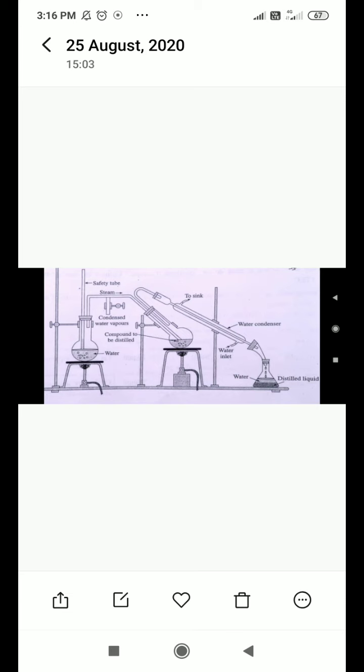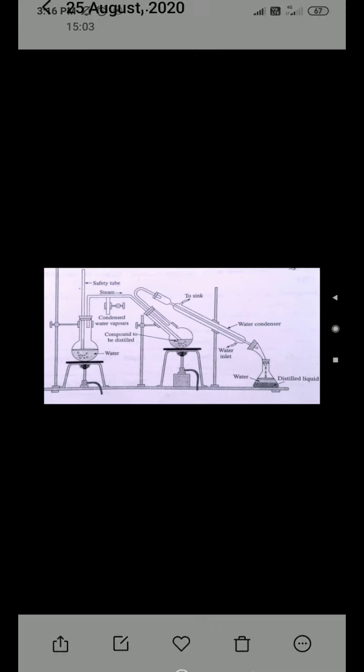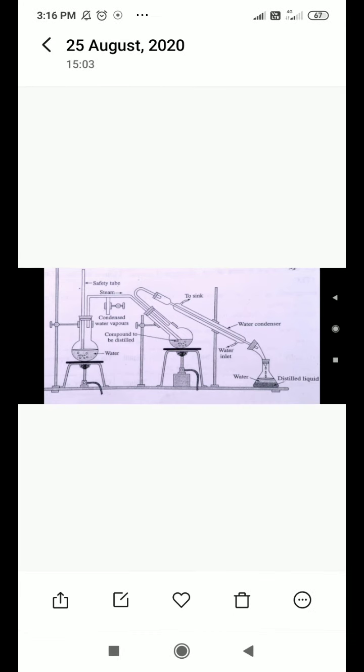Okay, in general we have to keep in mind that one mixture is there, compound A and compound B. We have to heat compound A and compound B, and simultaneously we have to pass steam through them.